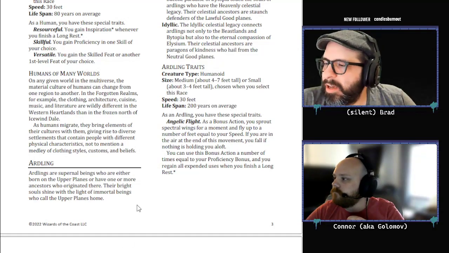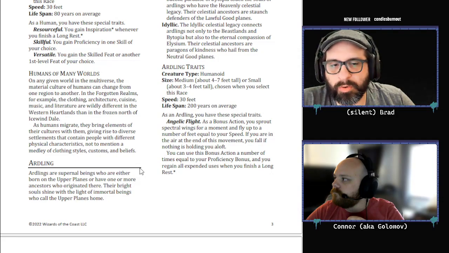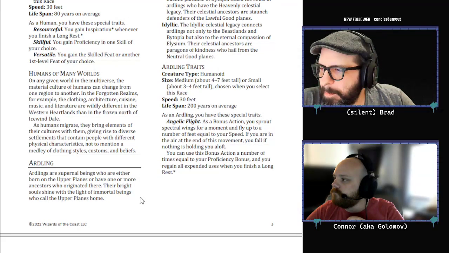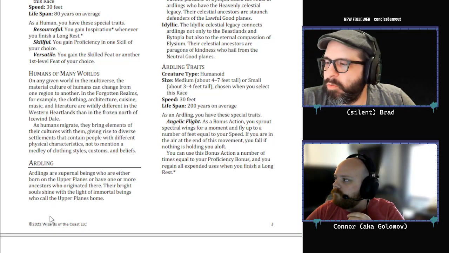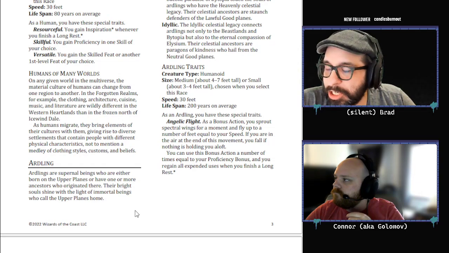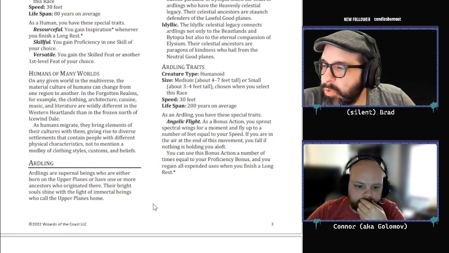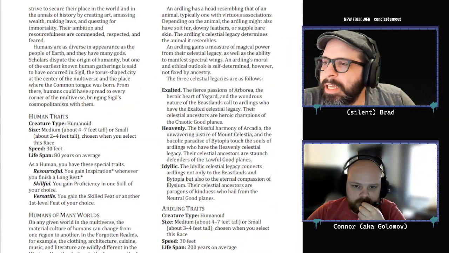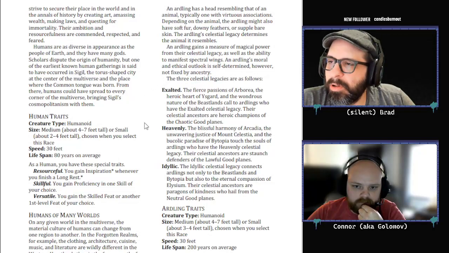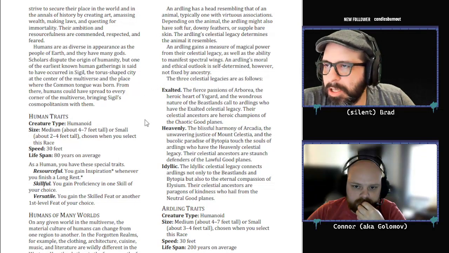And now we have the Ardlings, brand new race. So they are supernatural beings who are either born on the upper planes or who have one or more ancestors who originated there. Their bright souls shine with the light of immortal beings who call the upper planes home. An Ardling has a head resembling that of an animal, typically one with virtuous associations.